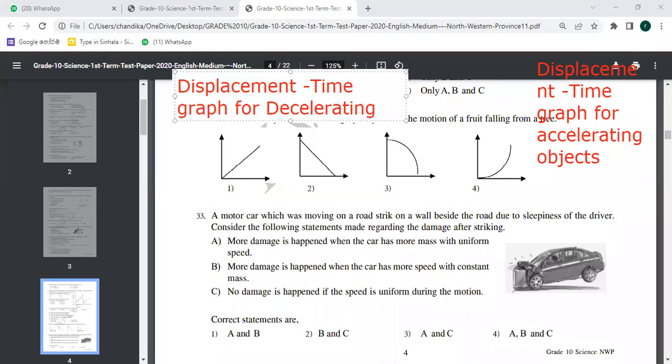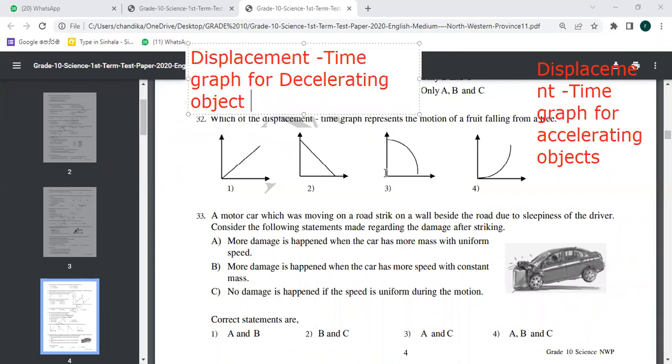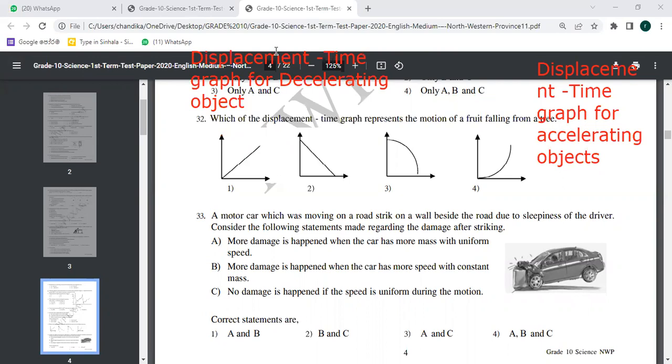Displacement time graph for a decelerating object. It should be like this, right? Opposite to this one, I'll be drawing it like this, right?